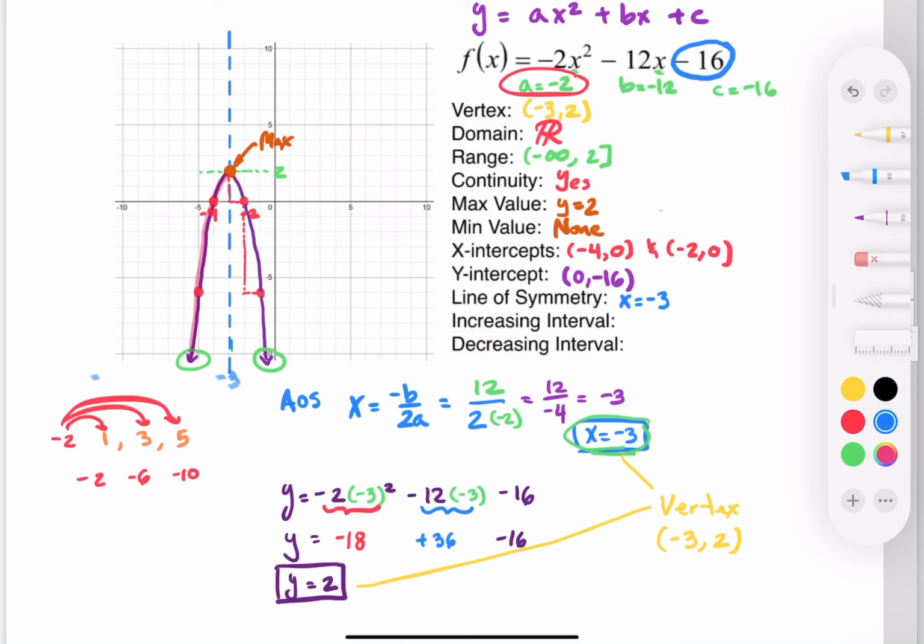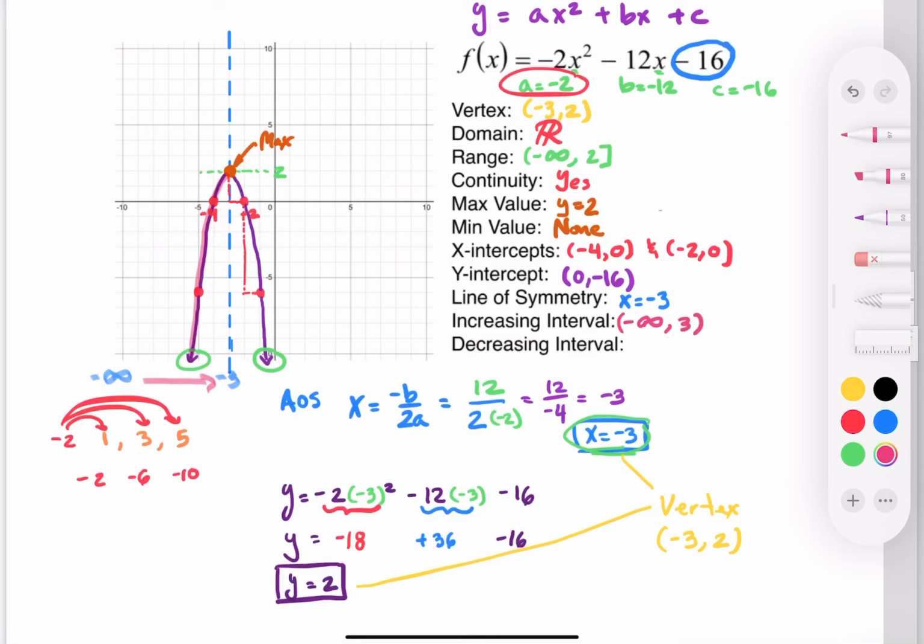And we started on the left, so that's from -infinity to -3. That's the interval when it's increasing. So our increasing interval starts at -infinity, and it goes up until -3. Once it hits that -3, it's no longer increasing.